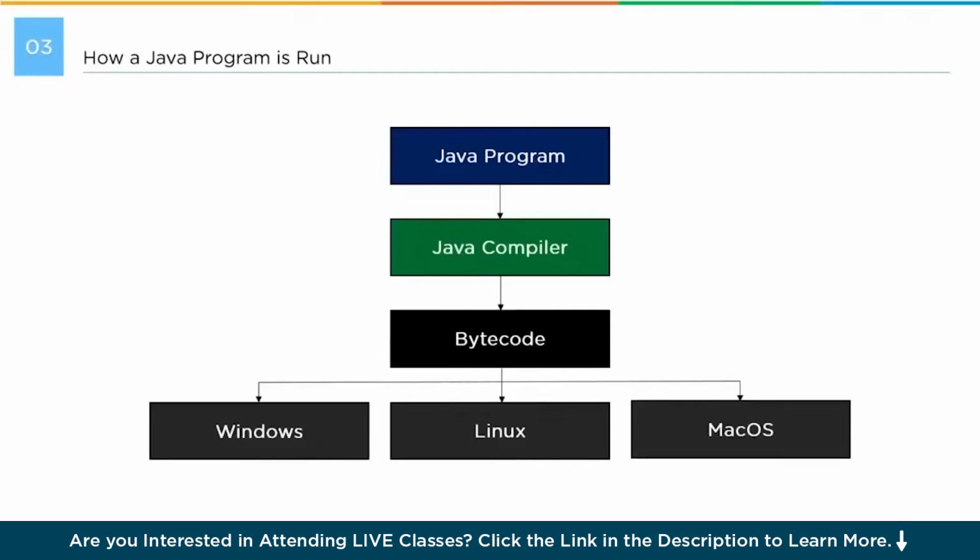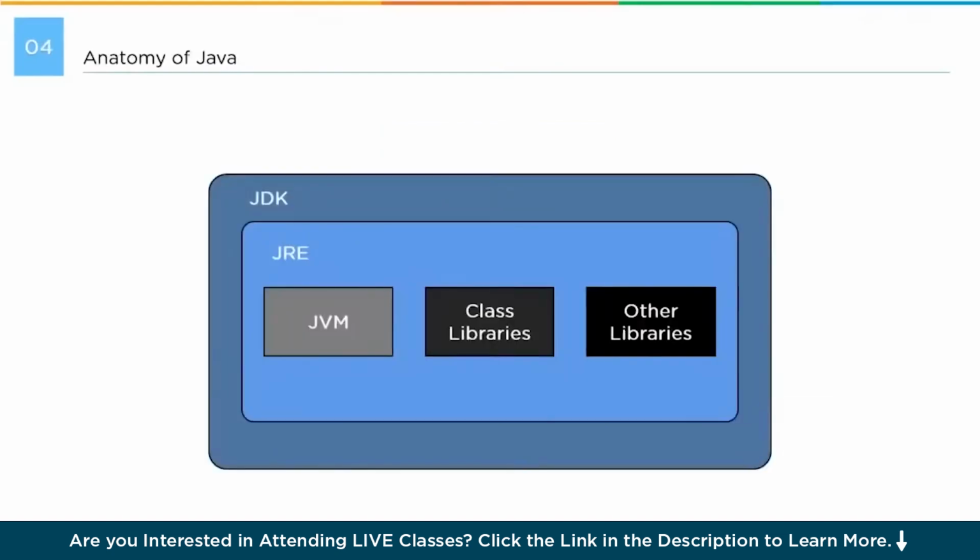You transported your .class file to a macOS machine and it worked there as well. And that's what brings the platform independence concept of Java, that you can write the program once on any platform, and once you have the bytecode available, then you can run this program on any other platform of your choice. Okay, so that was about how the Java program execution works and how the platform independence is actually achieved.